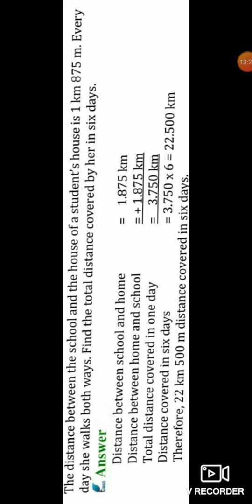Take the next problem. The distance between the school and the student's house is 1 kilometer 875 meter. Every day she walks both ways. Find the total distance covered by her in 6 days.